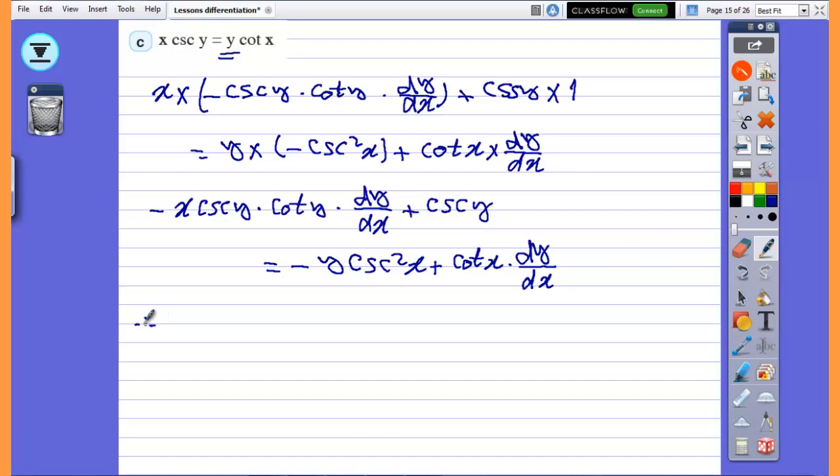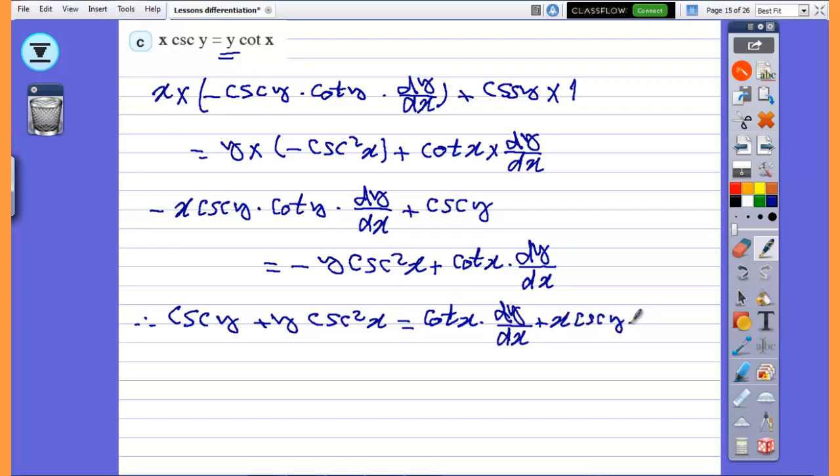So we'll put dy/dx on one side, let it be the right hand side, and on the left hand side we will have cosec y plus y cosec square x equals cot x dy/dx plus x cosec y cot y dy/dx.